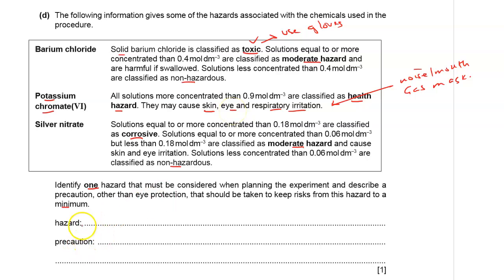So let's say potassium chromate(VI) is hazardous to the respiratory system.